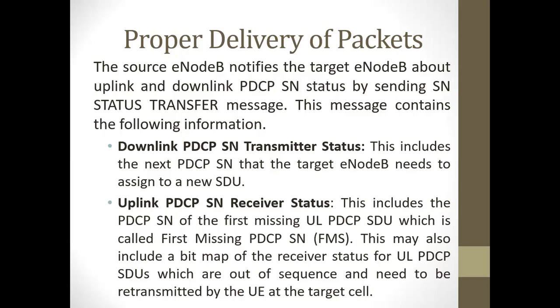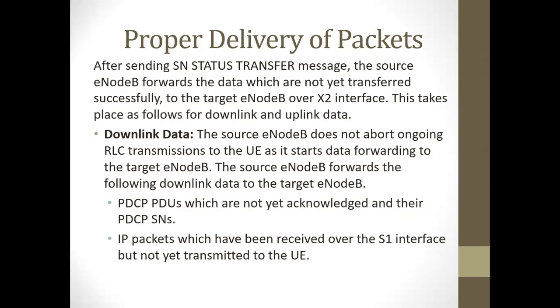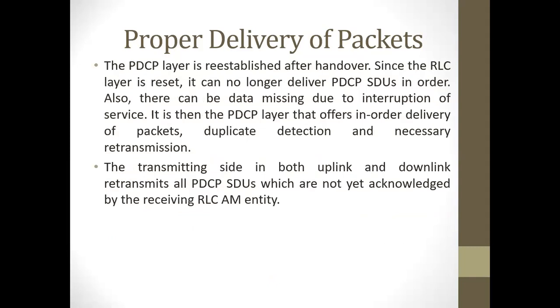So in the SN status transfer message, it includes which PDCP SN is the next. So there's the first missing PDCP packet. It includes the sequence number for that, but it may have some packets received intermittently. So some packets are there, some are not. So it actually includes a bitmap.